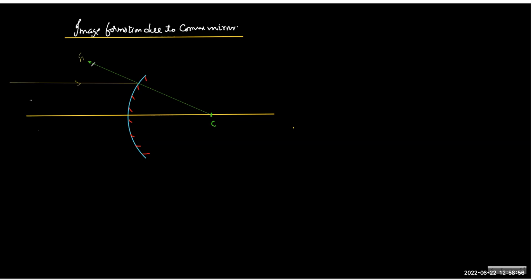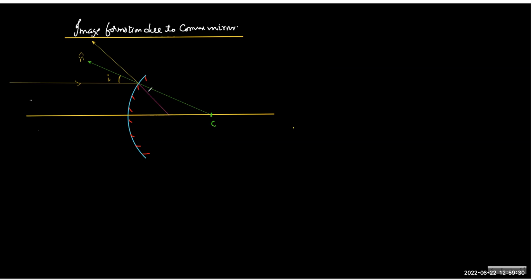You have the normal, you have the incident ray. Can you see the angle of incidence? Yes, sir. And after reflection, how will the light ray go, up or down? Up. So one thing is clear: this will always diverge. If you take any other light ray, it will only diverge, correct?